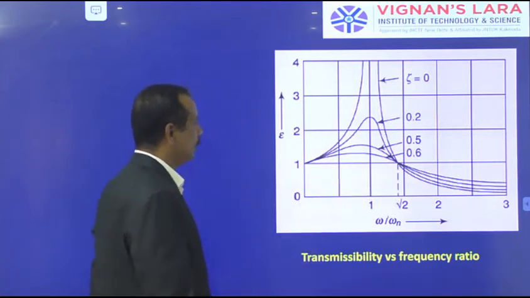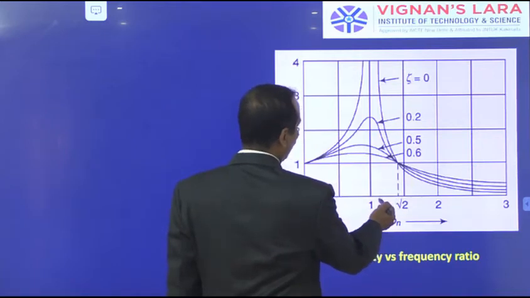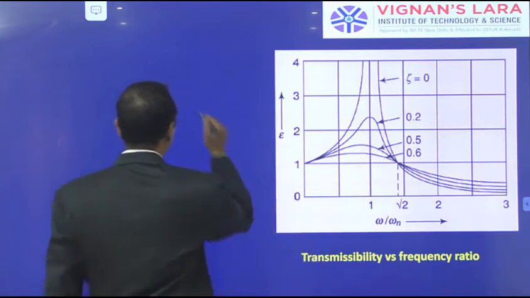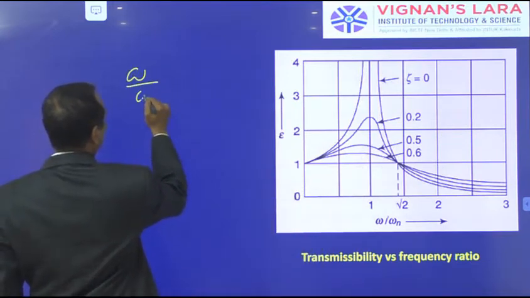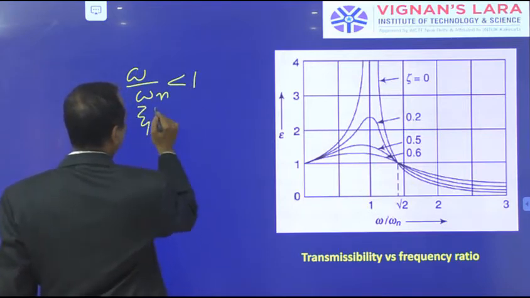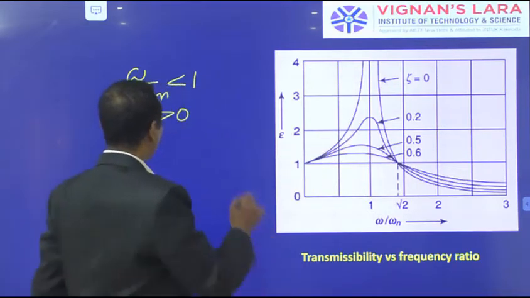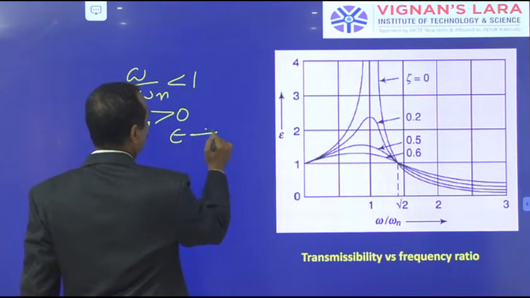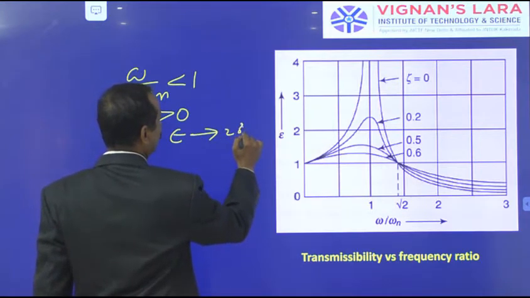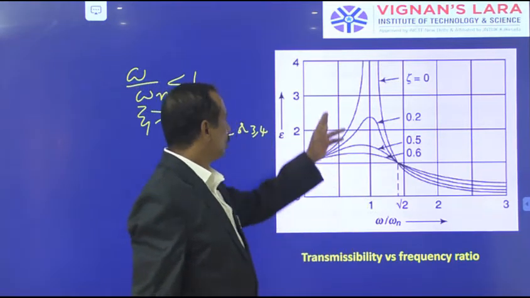If you draw this, you can see that when omega by omega n is less than 1, for all values of zeta greater than 0, epsilon goes on increasing, to values like 2, 3 or 4, depending on zeta.